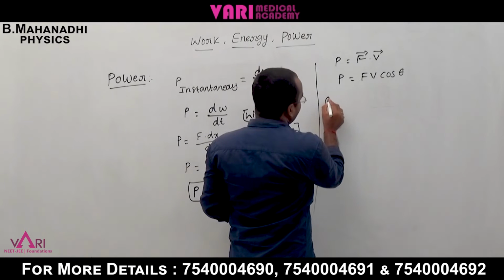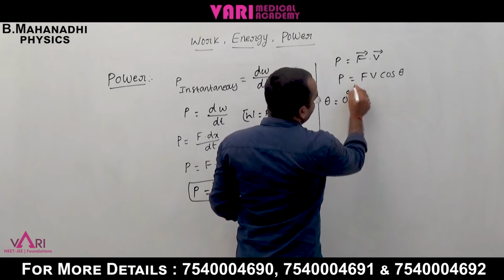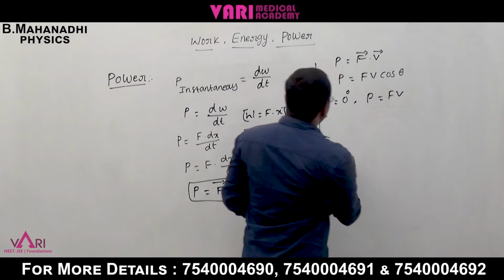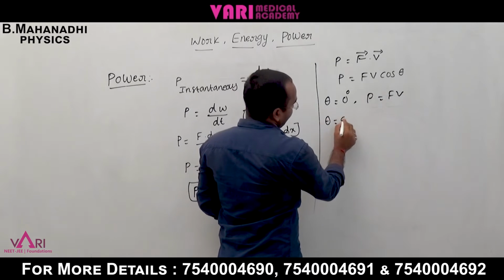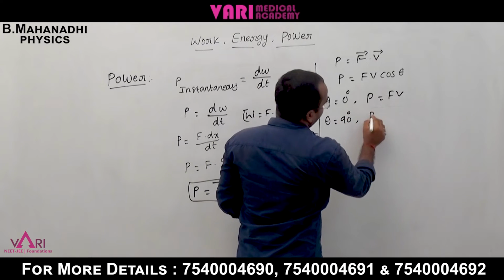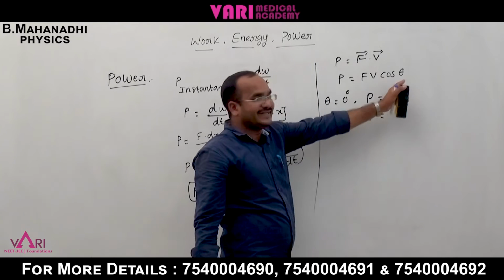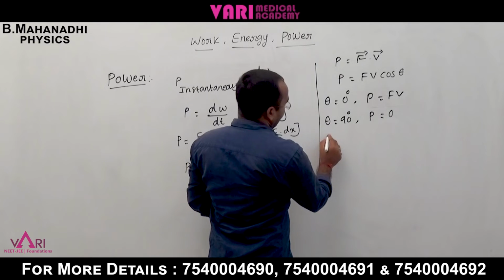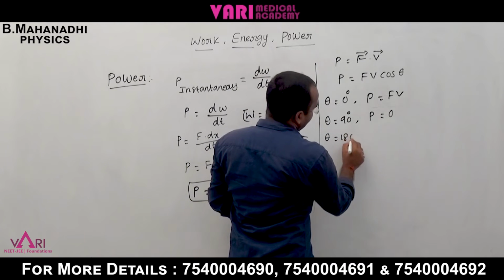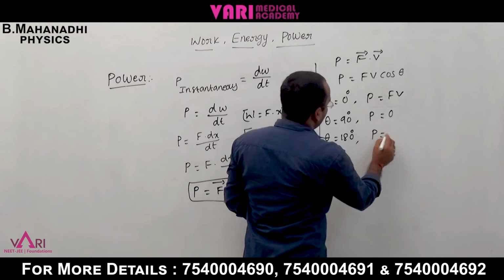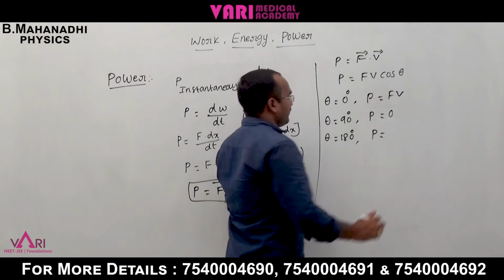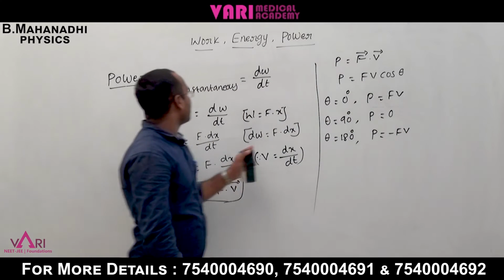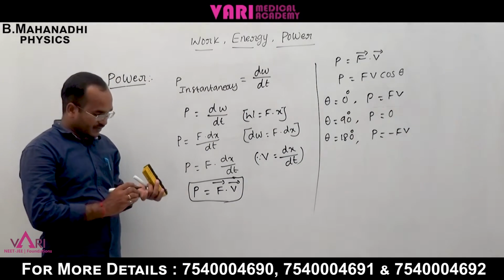If theta is 0 degree, power is equal to Fv. If theta is 90 degree, cos 90 is 0, so power is 0. If theta is 180 degree, cos 180 is minus 1, so power is minus Fv. This is the explanation of instantaneous power.